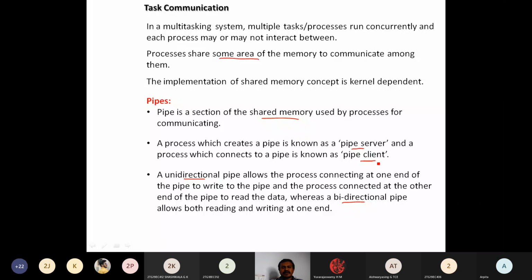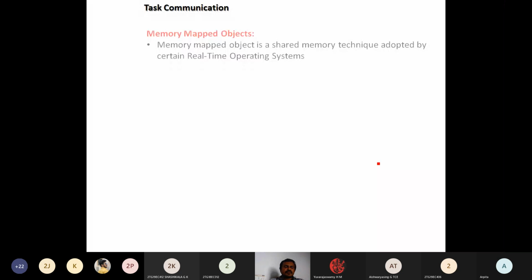Only the server communicates with the client. What about bidirectional? The pipe is used for sending and receiving data at both ends: the pipe server sends data while the pipe client also receives and writes data. That is the pipe concept.